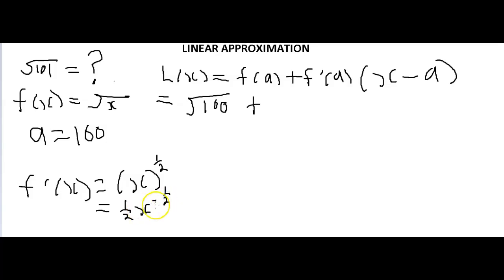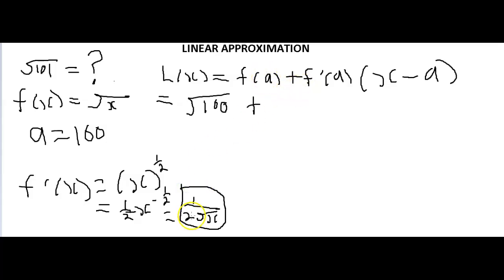Now let me put x to the minus half below. So this is my fraction 1 times that. I can rewrite this as 1 over 2, and when I put the x in the bottom, it becomes x to the power of a half, which can be rewritten as the square root of x. So basically, my derivative of f of x is 1 over 2 root x.